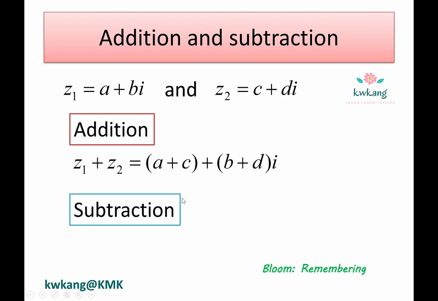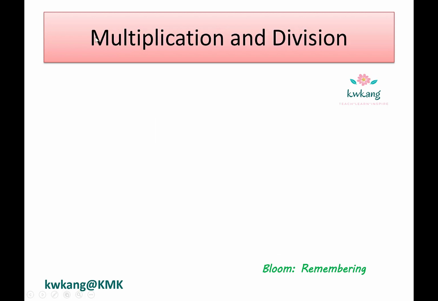Subtraction of complex numbers: z1 minus z2 is equal to (a minus c) plus (b minus d)i, where the real part minus the real part, then the imaginary part minus the imaginary part.